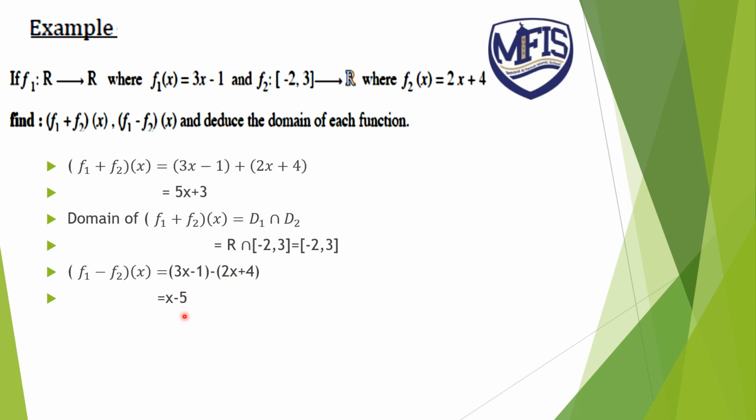So f1 minus f2 equals x minus 5. Let's do the domain of f1 minus f2. Exactly. The domain of f1 minus f2 equals D1 intersection D2. As you see, the intersection between D1 and D2 equals R intersection negative 2 to 3. It equals negative 2 to 3 also.